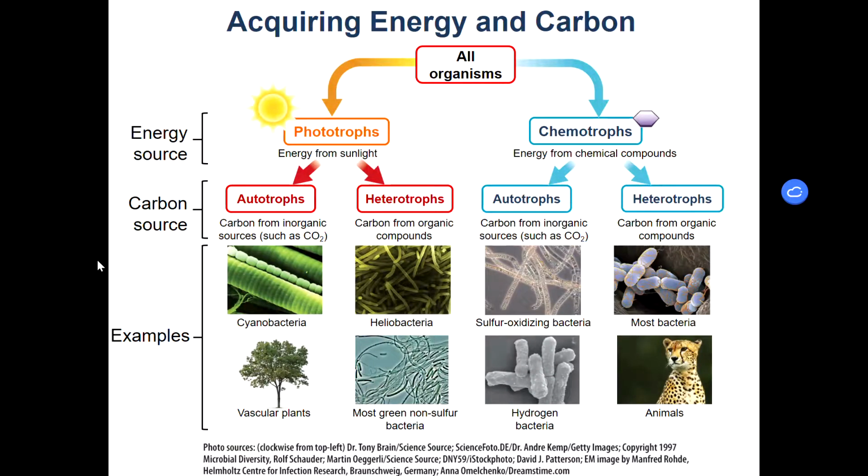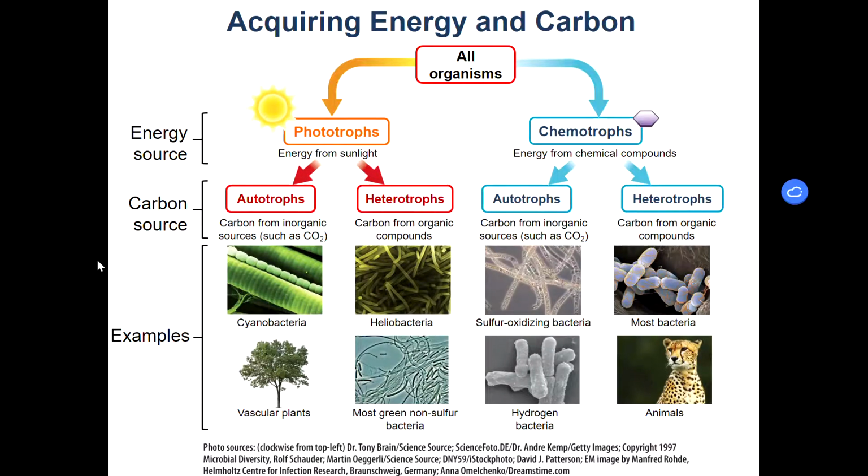There's two different ways that you can get carbon. You could get carbon from inorganic sources, such as carbon dioxide, or you could get carbon from organic compounds. If you get carbon from inorganic compounds, think of most of the plants that you learned about last semester, about photosynthesis.